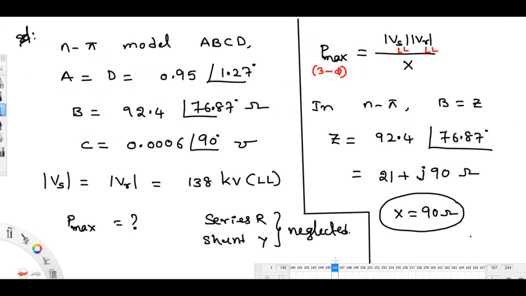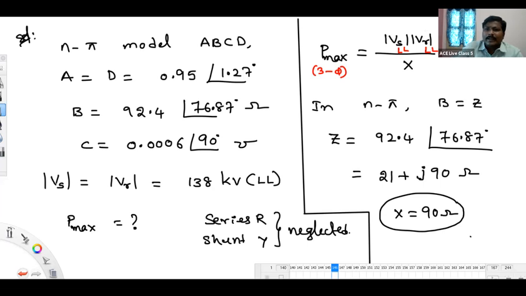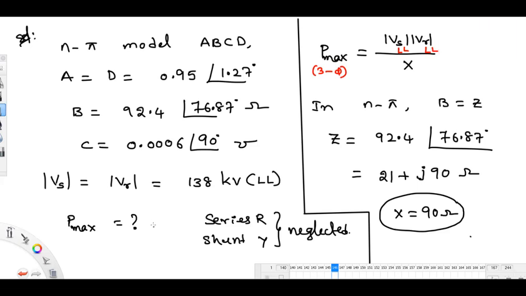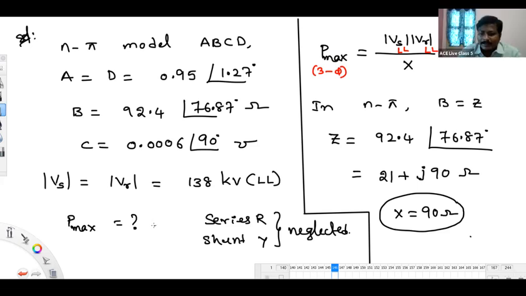Sir, another doubt. In real power flow, you said generally a high X by R ratio is applicable. Why is a high X by R ratio applicable, sir? For low X by R ratio lines, not only angles, voltage magnitudes may also decide it.